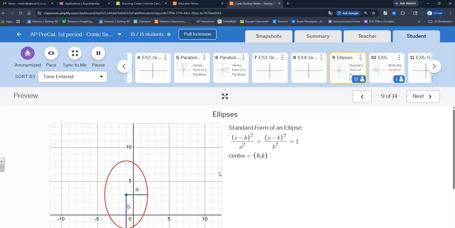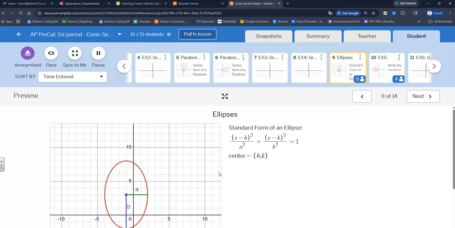Your A value is 3. Your B value is 5, I think. 1, 2, 3, 4, 5. Yes. So you would have x plus 1 squared over 3 squared plus y minus 3 squared over 5 squared will equal 1. For ellipses in standard form, they're always going to equal 1.